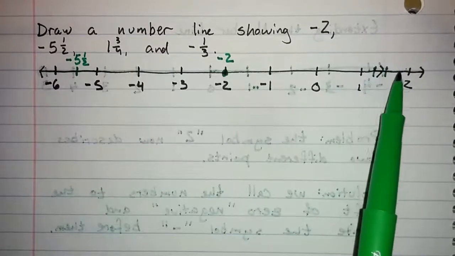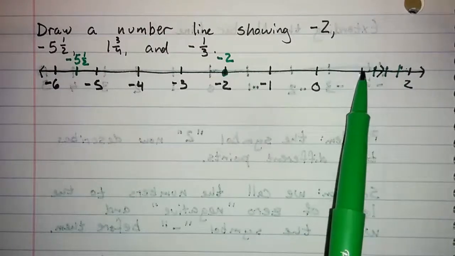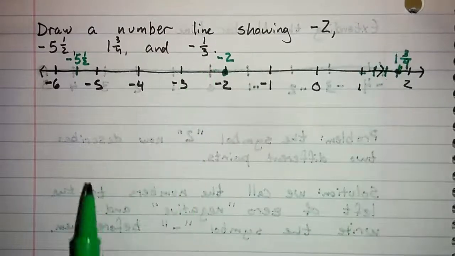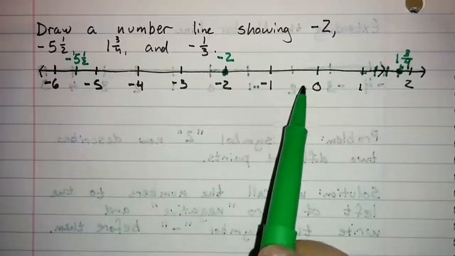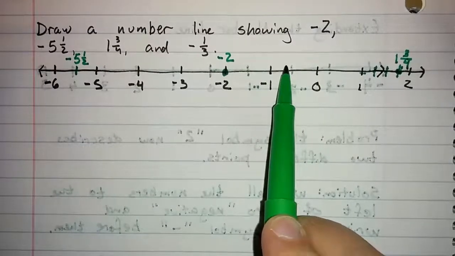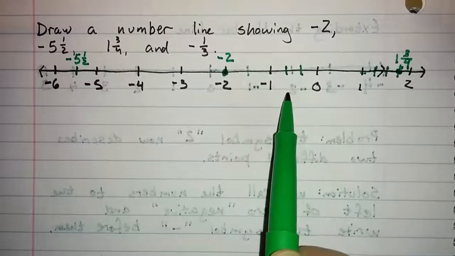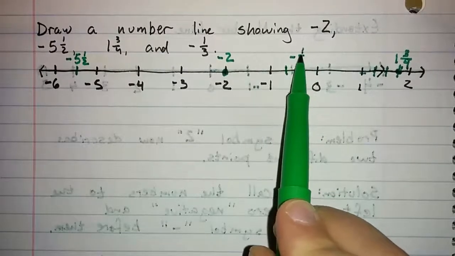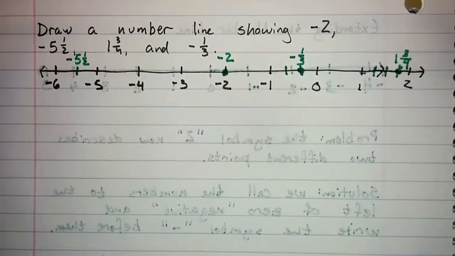So I'll cut this unit into 4 equal parts. I'll go 1, 2, 3 of them. And finally -1/3. Well, from 0 I want to go left by 1/3. So I'll cut this unit into 3 equal parts. I'll take 1 of them. And there's -1/3.